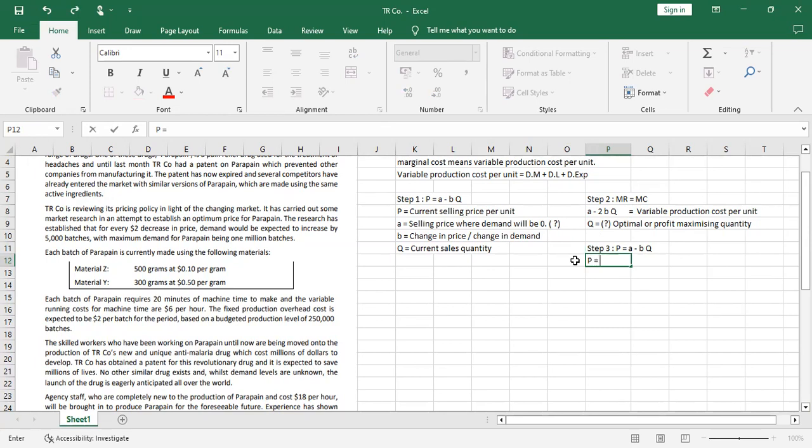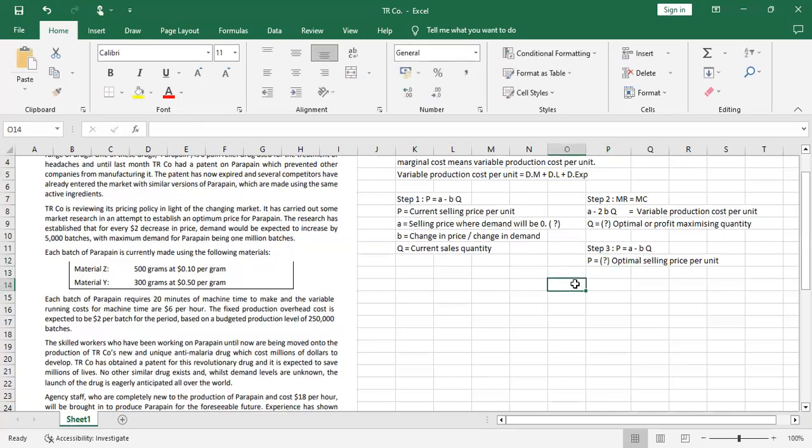And this price is called what? In step number one, we were saying that P is equal to current selling price per unit. But here price means optimal selling price per unit.